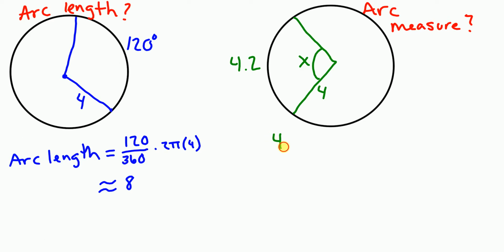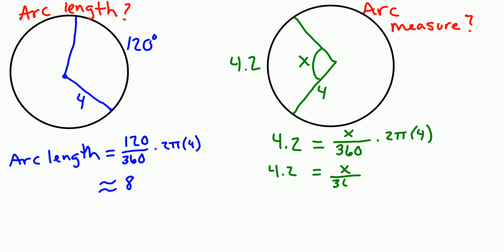So 4.2, my arc length, equals our arc measure over 360 times 2 pi 4. Okay, so let's figure out what 2 times pi times 4, so 8 pi, which is about 25.12.